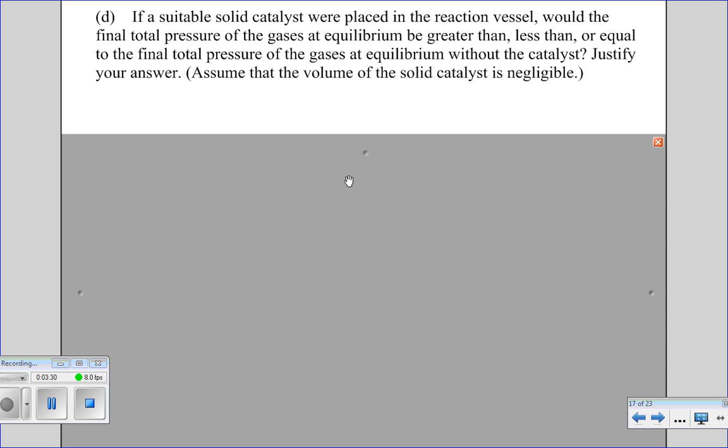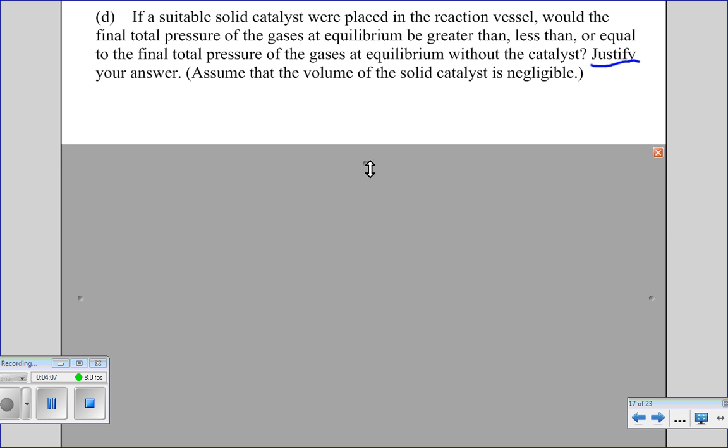Now, these next ones are more information that you pick up from the chapter and other reading about catalysts. What's the effect of a catalyst on equilibrium? The answer is in the same format as number 4: they ask us to first state greater than, less than, or equal to the final total pressure, and then justify.